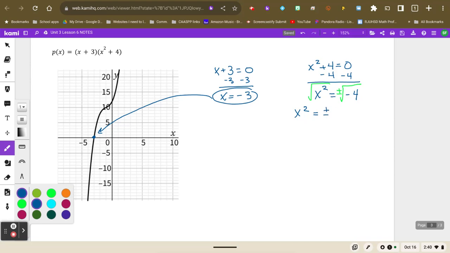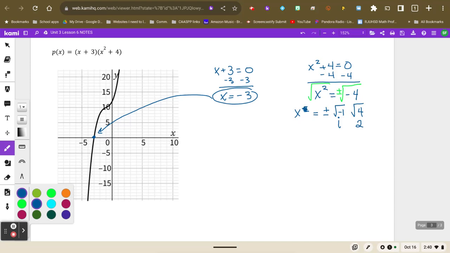We can break up a negative 4 to be a negative 1 and a positive 4. The only time we can break up a square root is if we are multiplying, and they both have to be square roots. Now the neat thing with this one is the square root of negative 1 is i, the imaginary number, it's always going to be i. And we know the square root of 4 is 2.